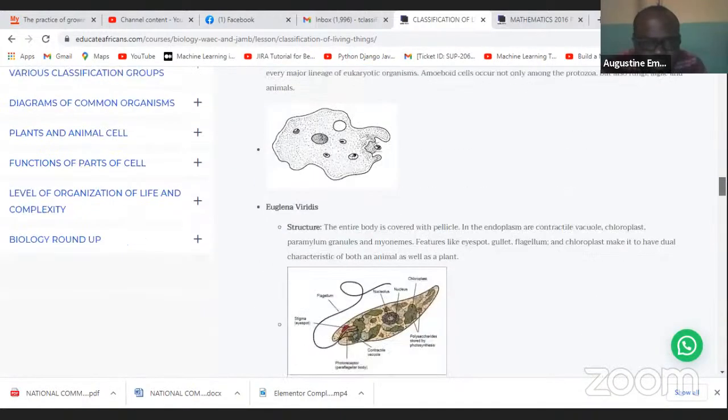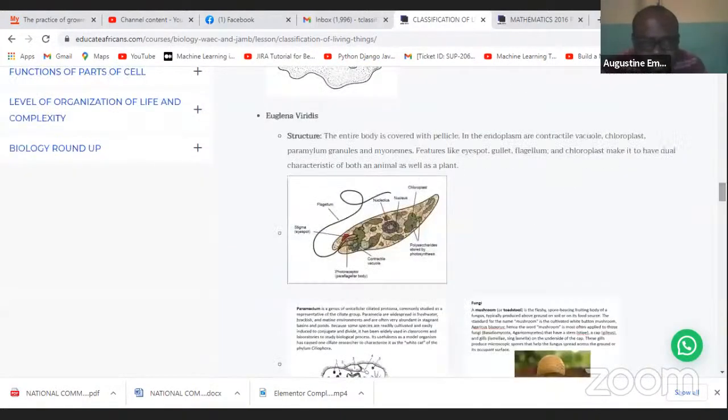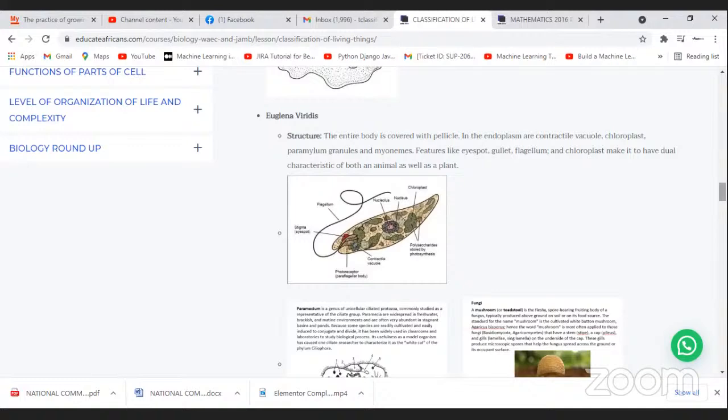Amoeba. Euglena: chloroplast, nucleus, nucleolus, flagellum, stigma or the eye spot, contractile vacuole, polysaccharides stored by photosynthesis. It is a green plant.